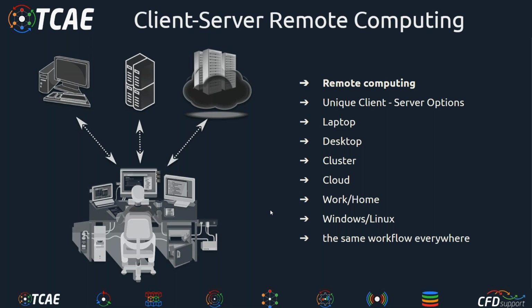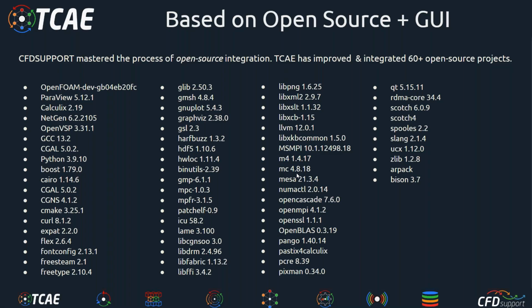You can use it in many ways. And the important point is that the workflow is the same everywhere. In Linux or in Windows, it's still the same software. So you can, for example, prepare and make the tests in Windows, and then run productive simulations in Linux, or the other way around.